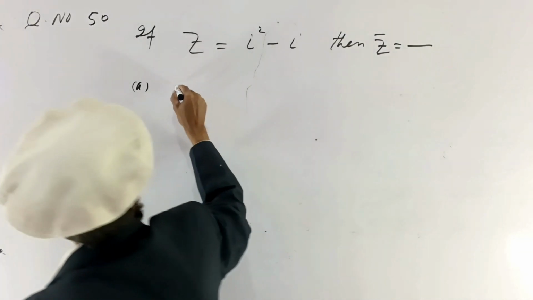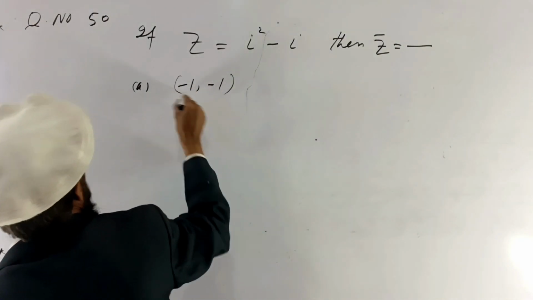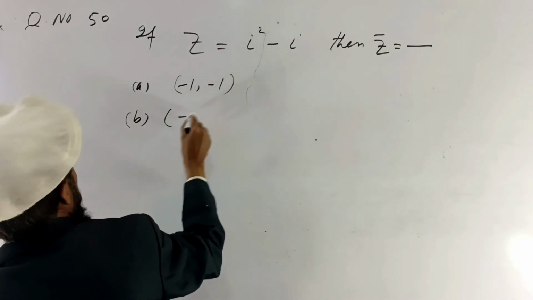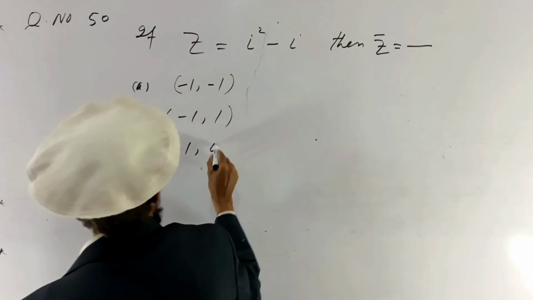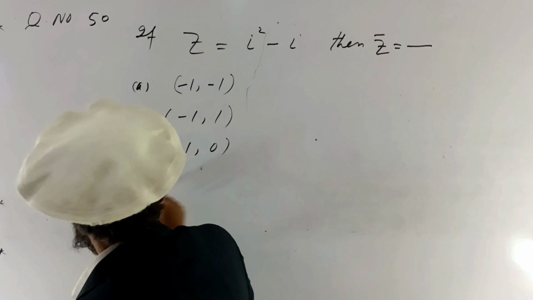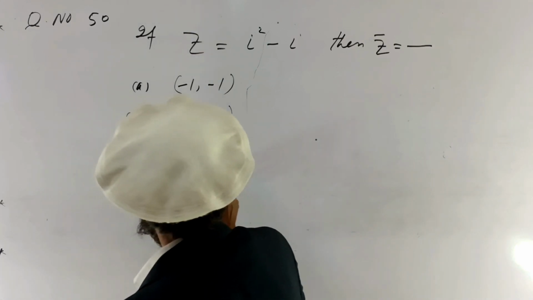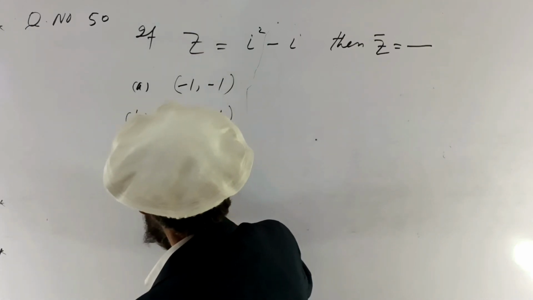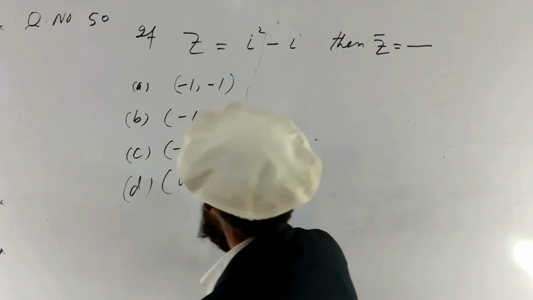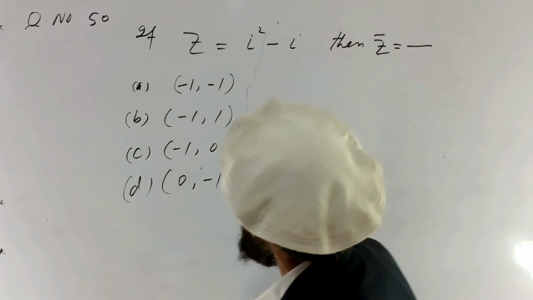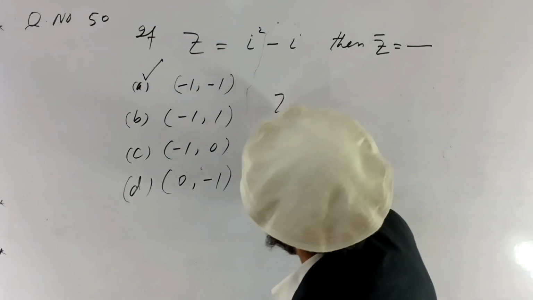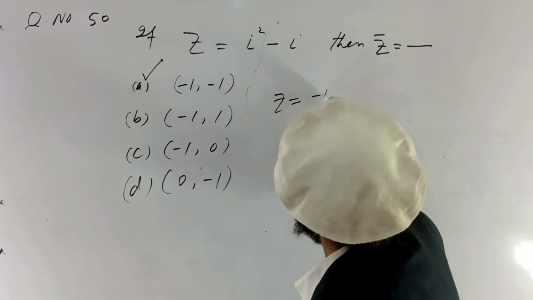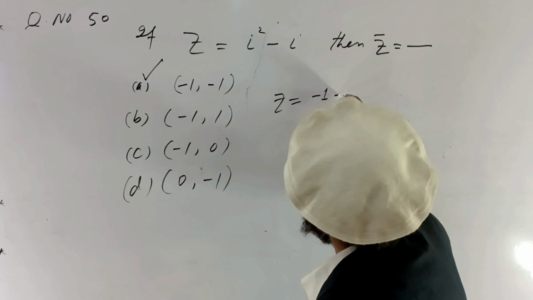A, minus 1 and minus 1; B, minus 1, 1; C, minus 1 or 0; D, minus 1 or 0 or minus 1. Look here, z is equal to iota square minus iota, which is equal to minus 1 minus iota.